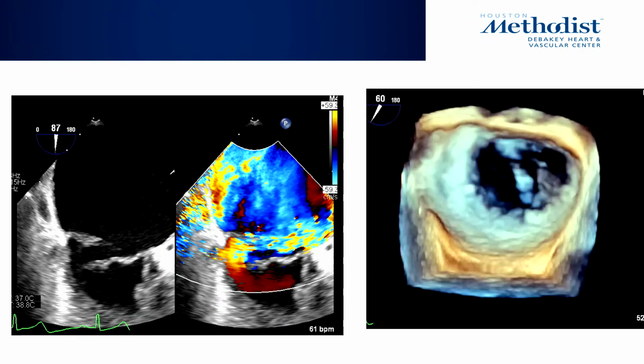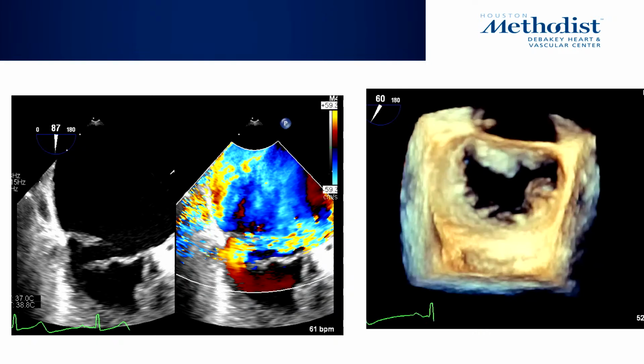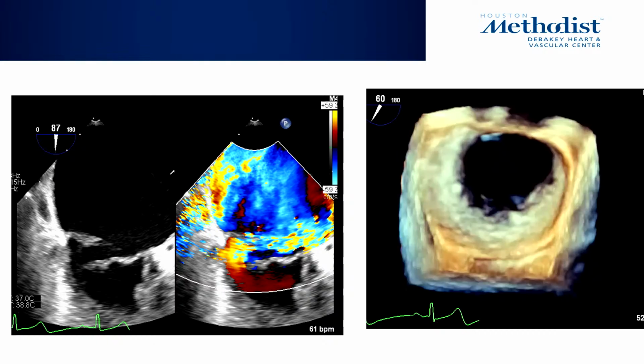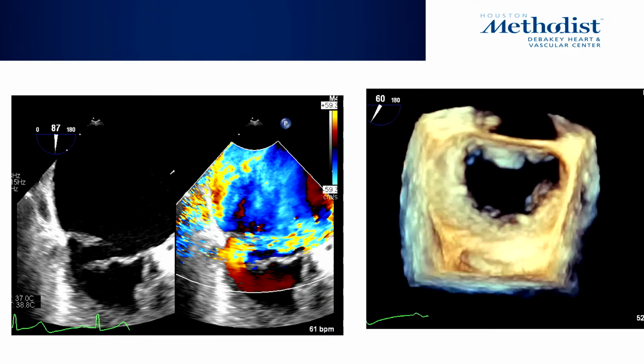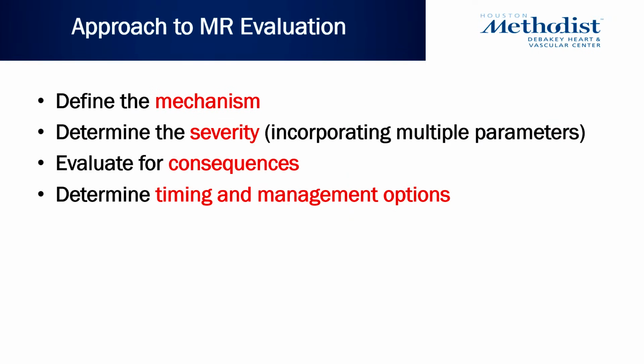And again, this is another view showing that flail posterior leaflet, P3 flail, and severe mitral regurgitation. So the point is never rely on one view, never rely on color Doppler only. Look for other signs to evaluate your MR severity.